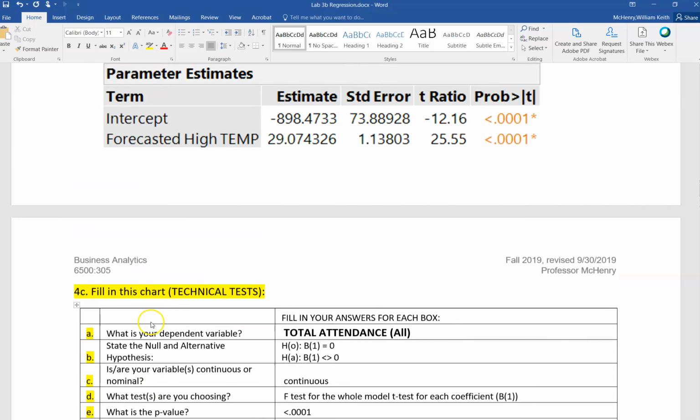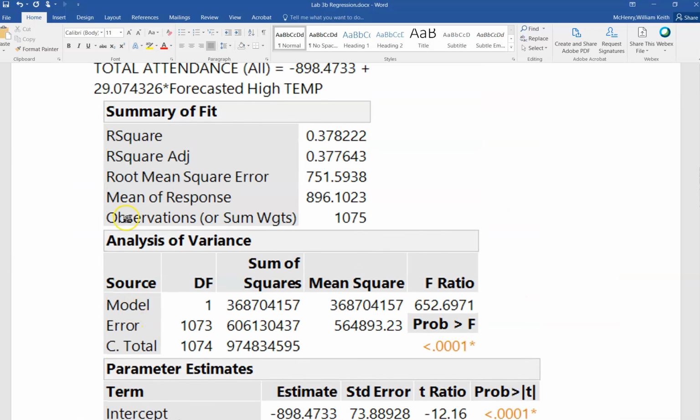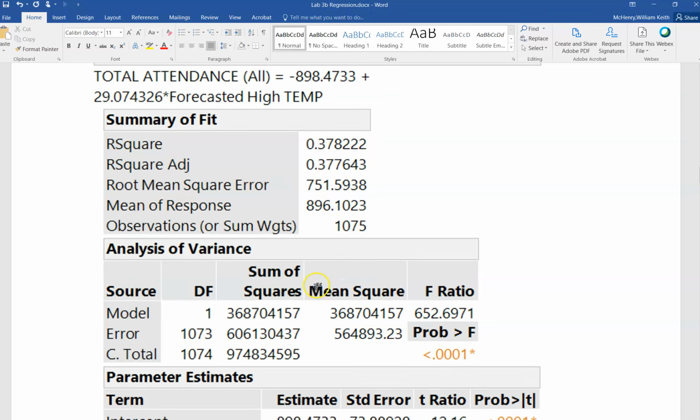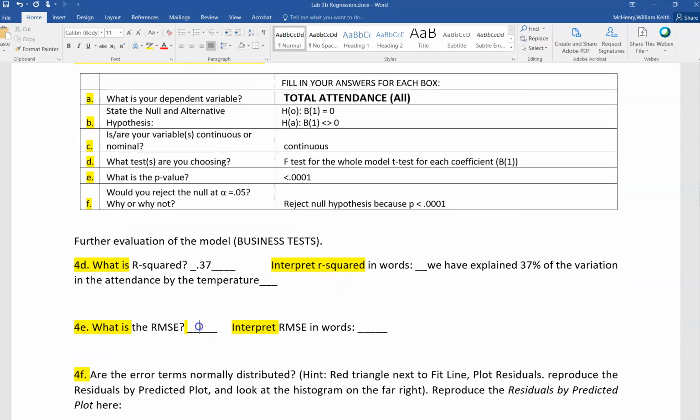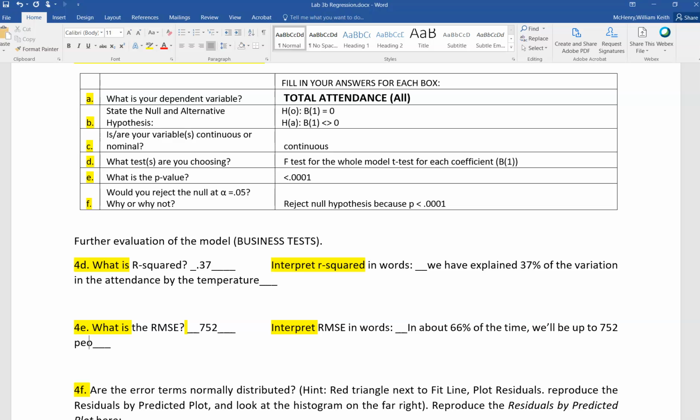And the RMSE is, let's see here, root mean square error, that's 751 or 752. The interpretation is that in about 66% of the time we will be up to 752 people off in our estimate of attendance.